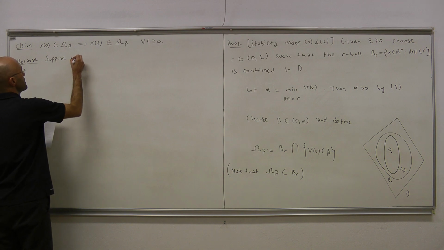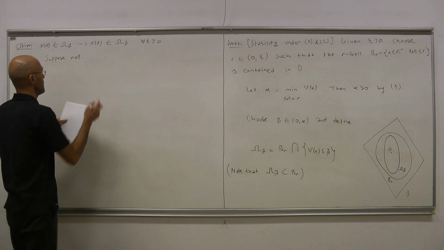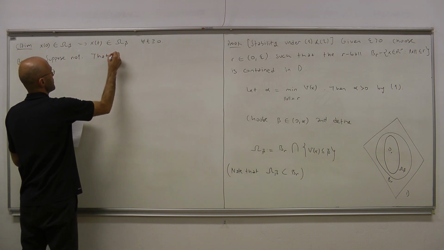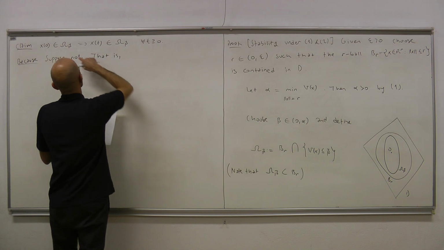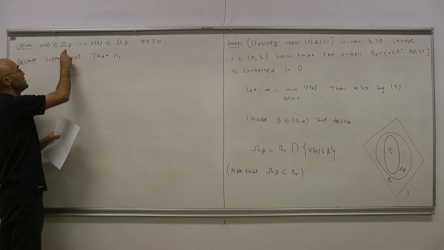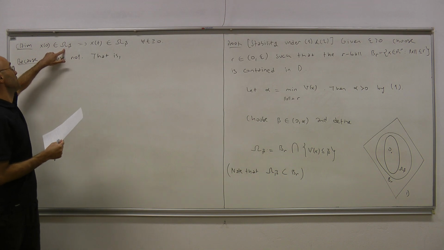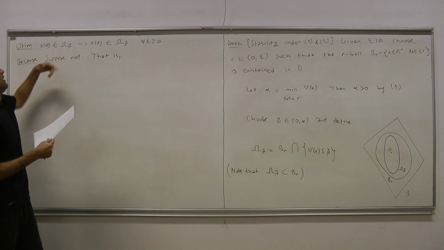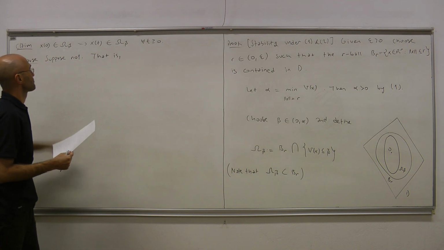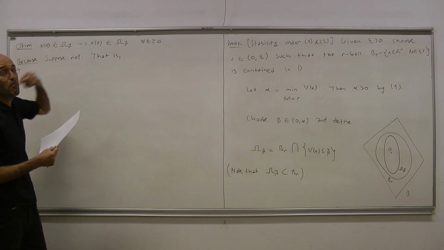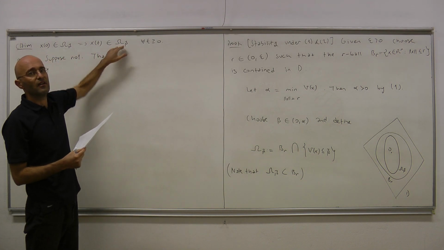So the first sentence, therefore, is: suppose not. That is, for some initial condition in this set omega beta, the solution that starts from that initial condition at some point in time, let's call it t1, leaves this set omega beta.